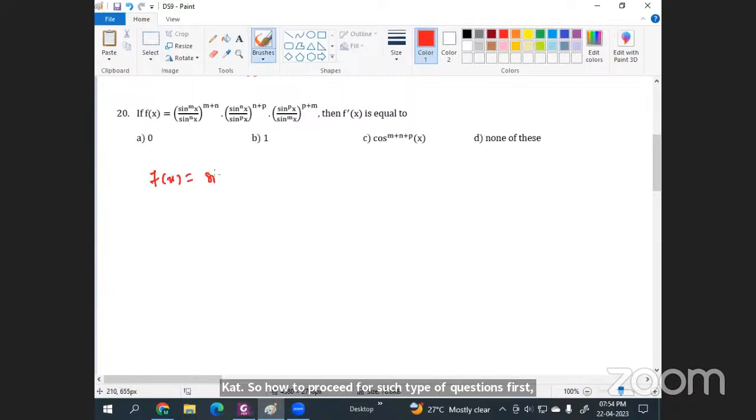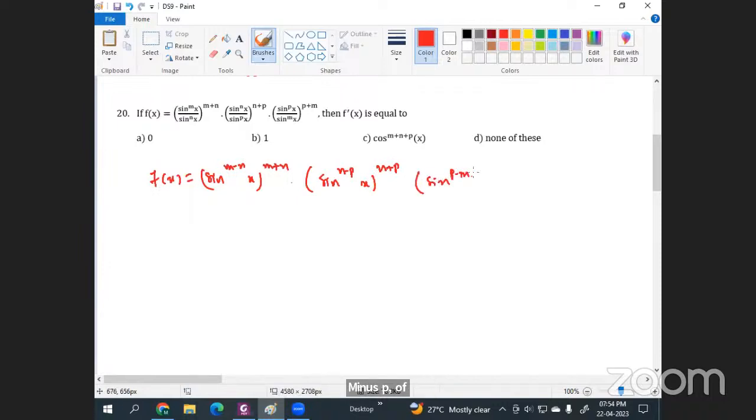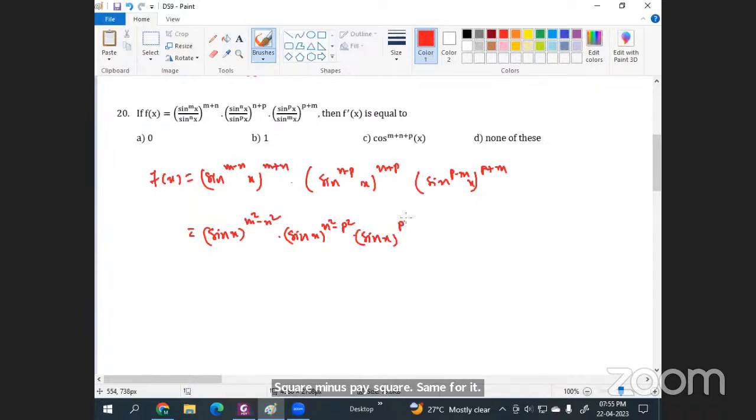First simplify this one. (Sin x) power m minus n whole power m plus n, into (sin x) power n minus p whole power n plus p, and (sin x) power p minus m whole power p plus m is equal to (sin x) whole power m square minus n square, I can write (sin x) whole power n square minus p square, (sin x) whole power p square minus n square, is (sin x) to the power of m square minus n square plus n square minus p square plus p square minus n square, is (sin x) to the power of 0, which is equal to 1.